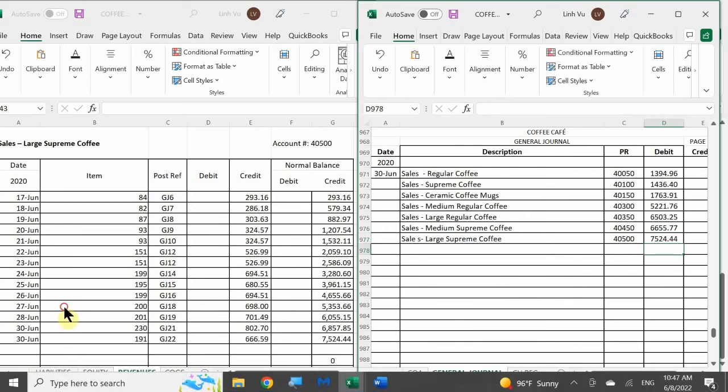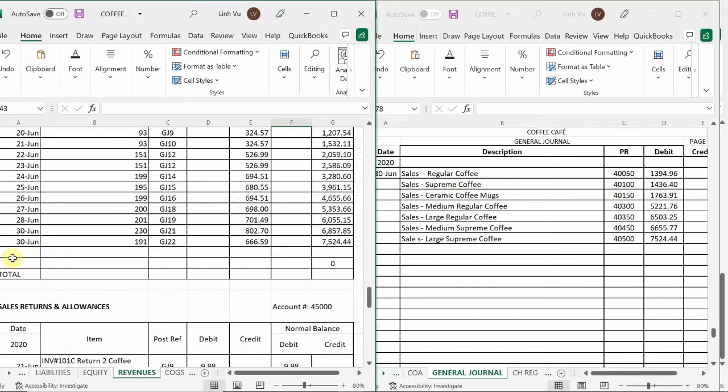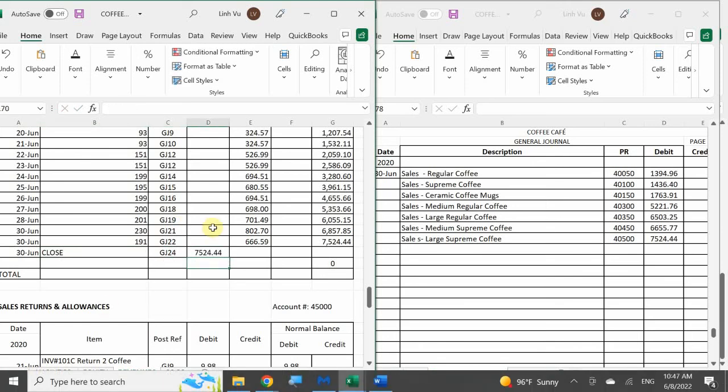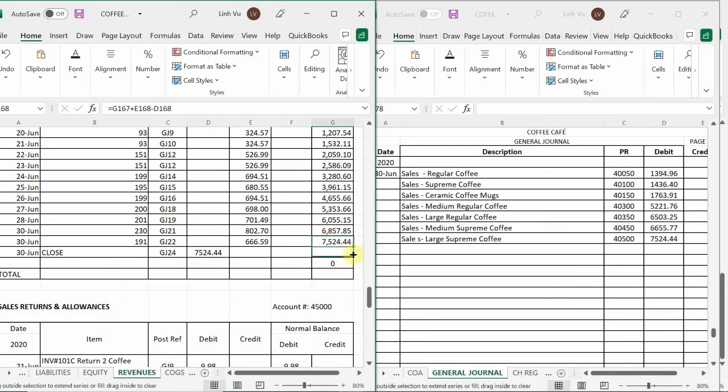And we are going to close this out for $7,524.44. That's going to give me 0. Okay.